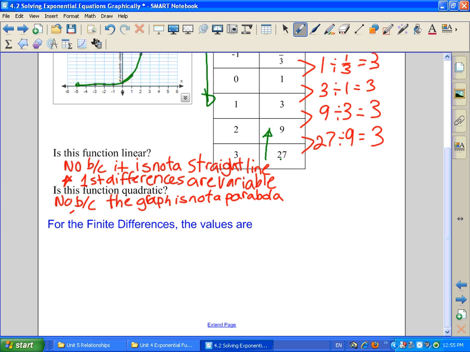And you could say, because the second differences are not the same.